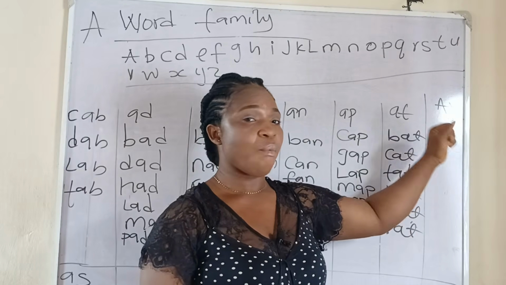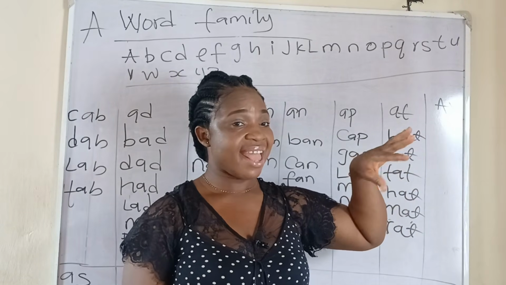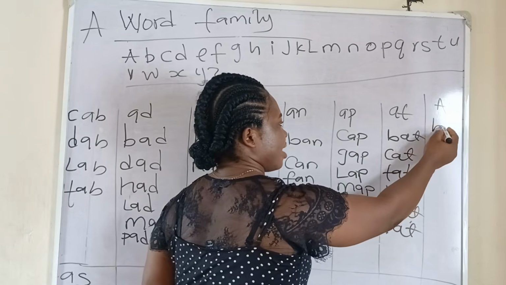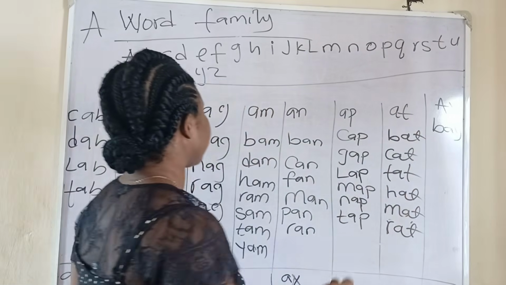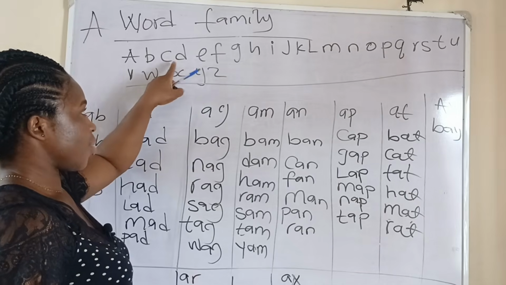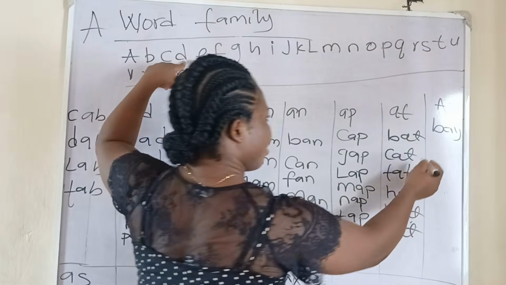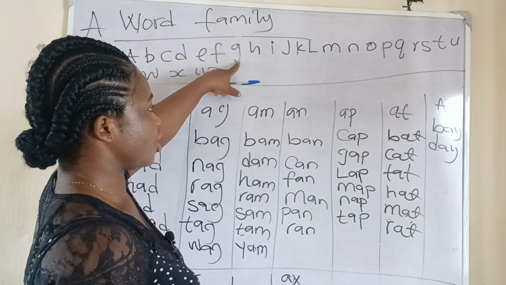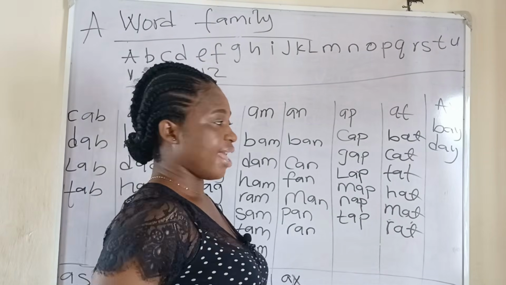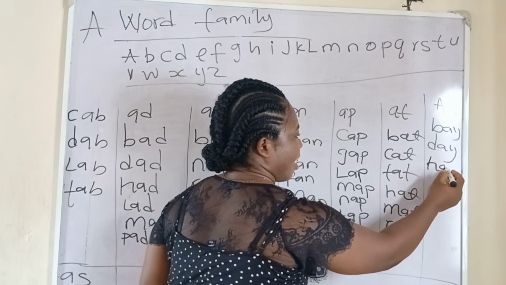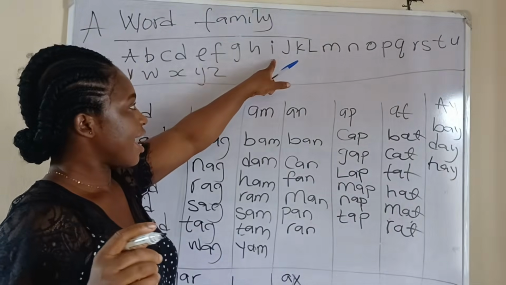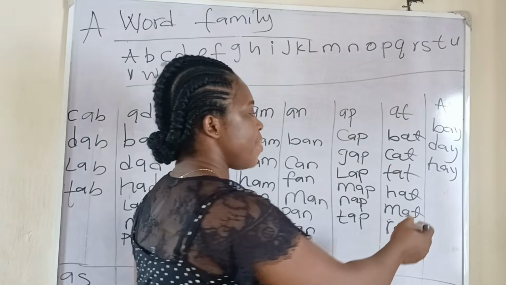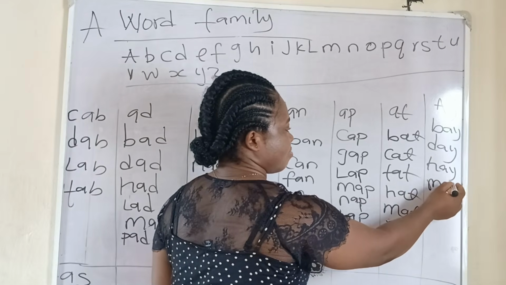Now on the AY, the A, we have B, bay. This is bay. We have C, no, day. We have day. E, F, G, H. We have hay. I, J, K, L, M. We have May. This is May.